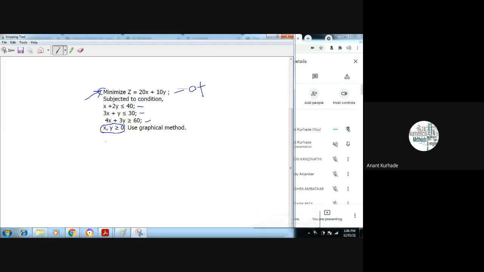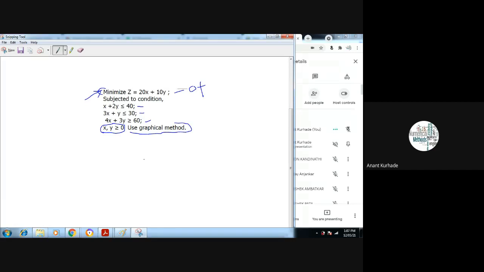This is very important: x and y are always 0 or positive. The first one is the objective function, the aim or purpose. Here it is written minimize, so we always think about minimizing the loss. Subject to conditions, there are three constraints, and the last one is x and y always greater than or equal to 0. It is mentioned here, use graphical method to solve.